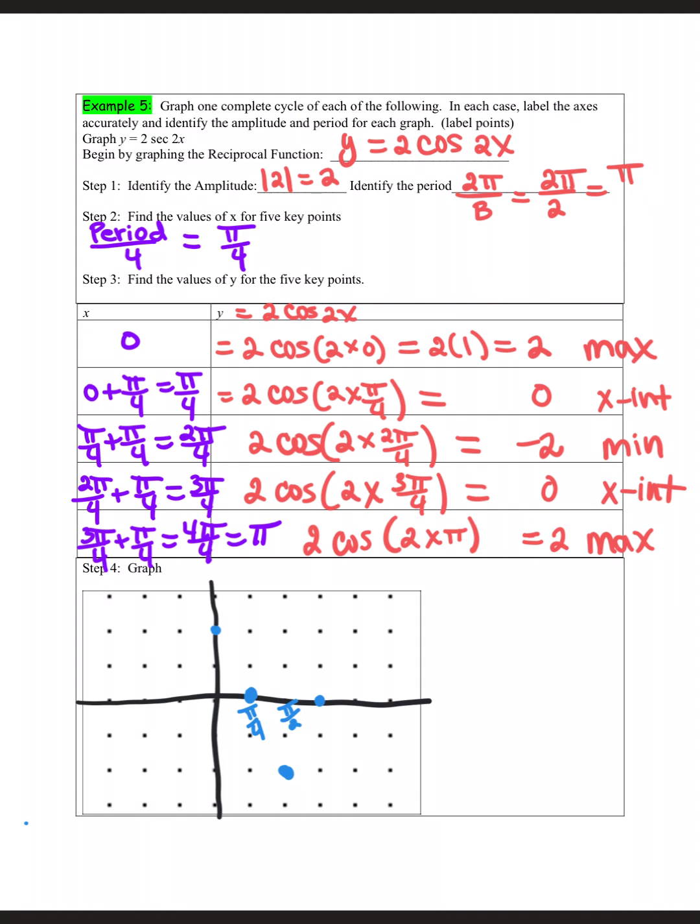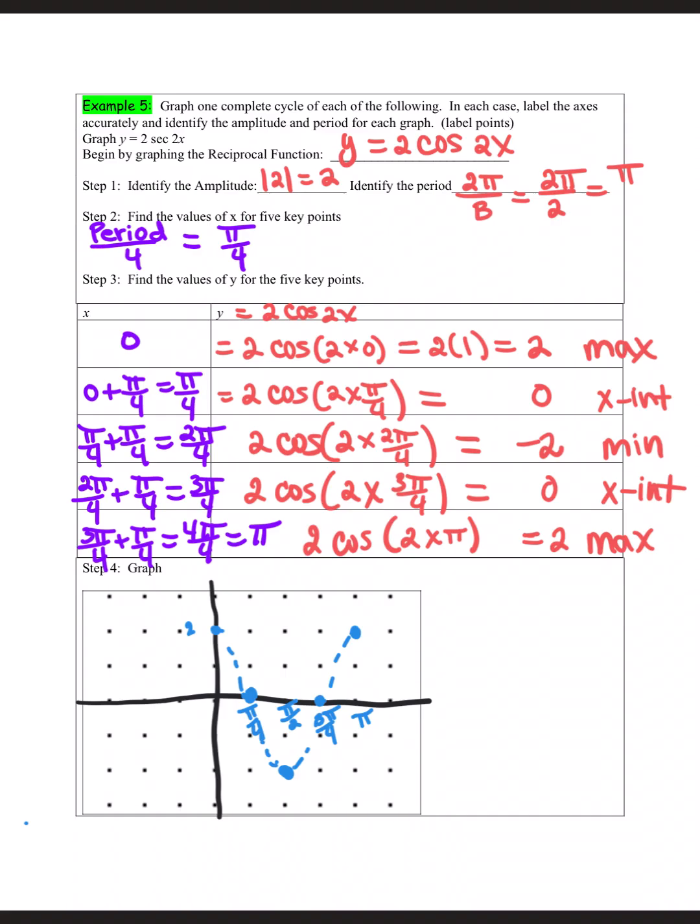Pi, 2. So this is one period of the cosine function.